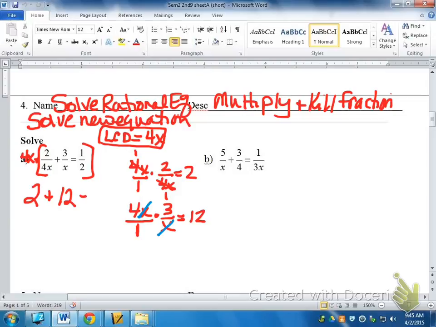Okay, and then I've got 4x times my 1/2, and that's over 1. Anything cancel out here? The 2 and the 4 become a 1 and a 2. So what's the result of that? 2x.